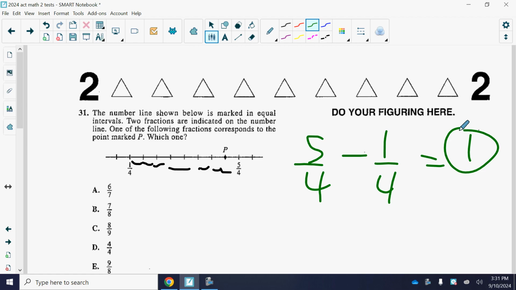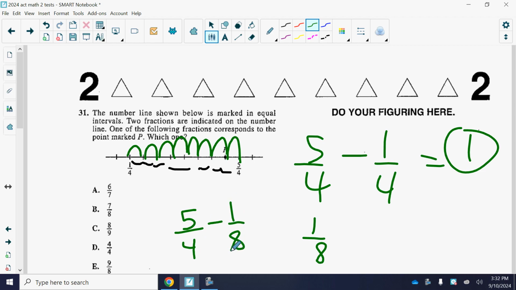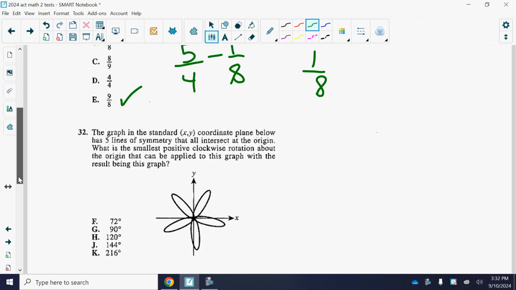So each of the 8 movements is 1/8. So this is 1/4 plus an eighth, 2 eighths, 3 eighths, 4 eighths, 5 eighths, 6 eighths, 7 eighths, 8 eighths. Got me? So the answer for P is 5/4 minus 1/8, which is 9 eighths. Answer E. Little number work there. Fraction work.